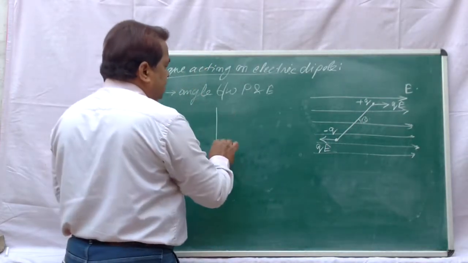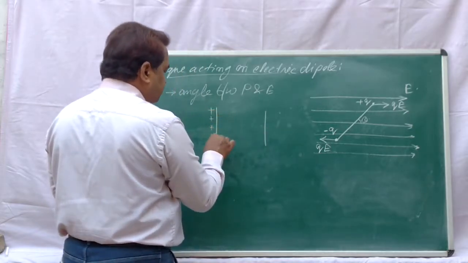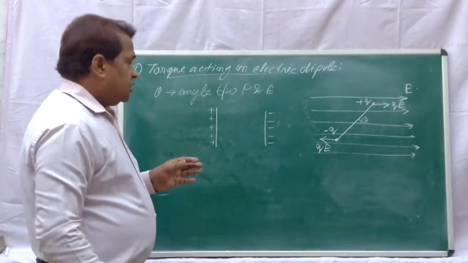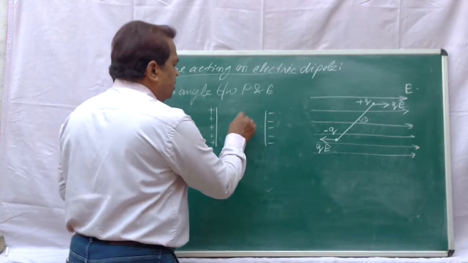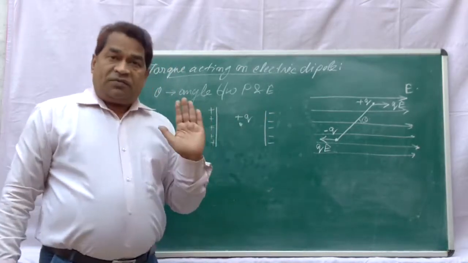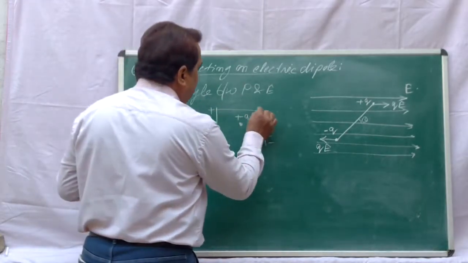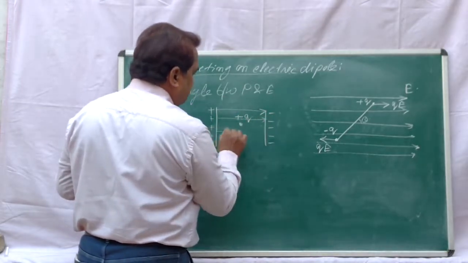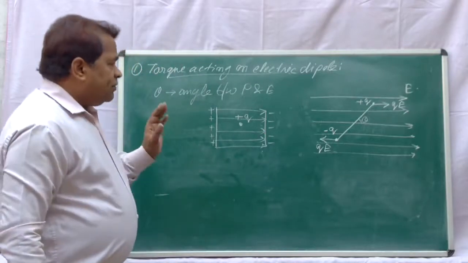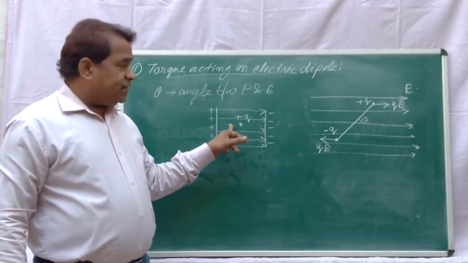So if we take two parallel plates, one is having positive charge, the second plate is having negative charge. Okay, so if we place a positive charge here, now electric field lines always move from positive charge to negative charge. So we will have an electric field here in this direction. Now you can see in which direction the force will be acting on this charge.